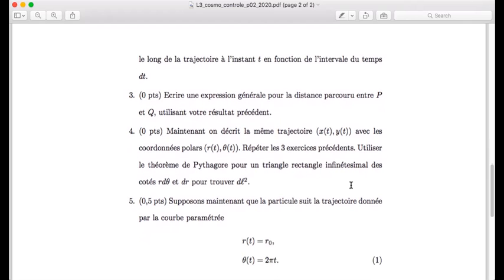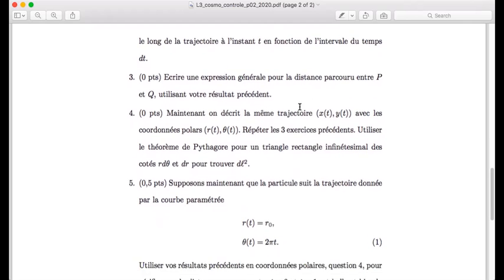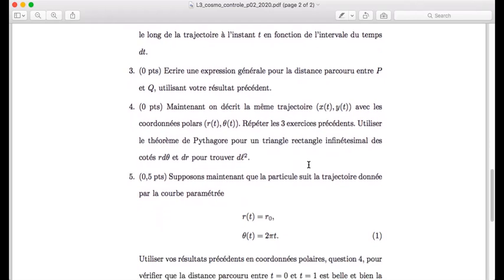Okay. Now that was all in Cartesian coordinates. Now I want you to repeat the thing using polar coordinates. And as we saw in the first part of the lecture today, when you're considering dl in polar coordinates, you have a metric tensor that intervenes.